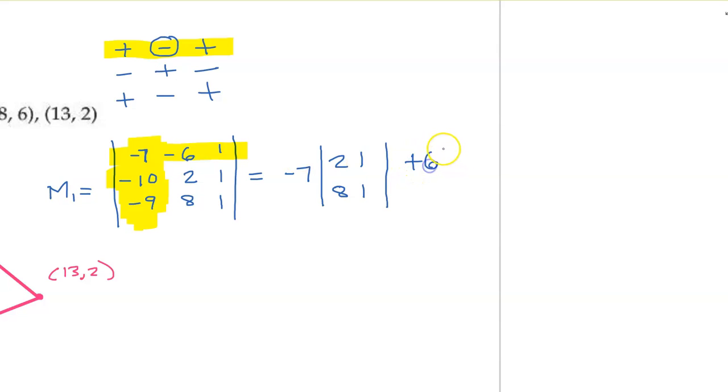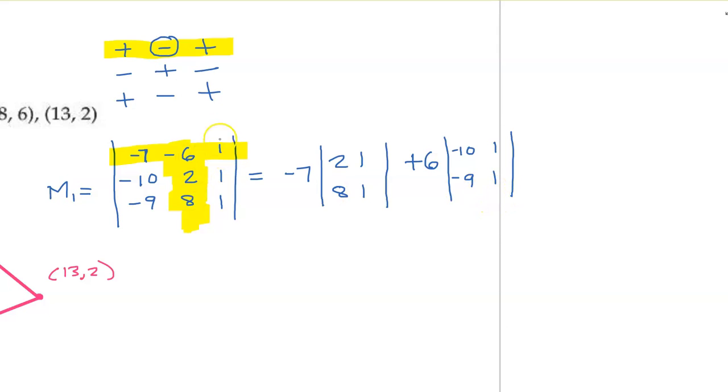All right, so I'm going to do a +6 cofactor. And now for the minor matrix, I'm still dealing with the top row, but now I am going to ignore the middle column where the -6 is. That leaves the minor matrix -10, 1, -9, and 1.